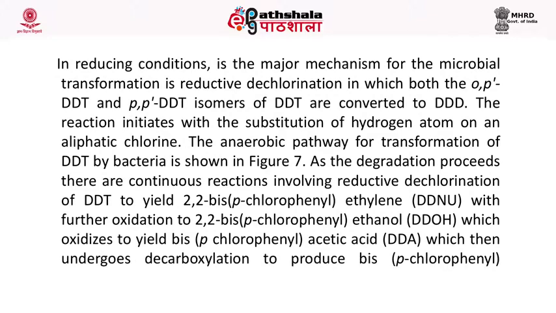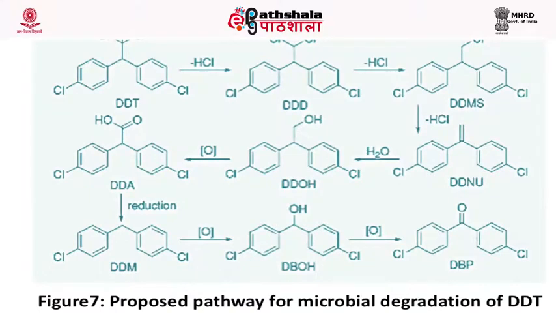As the degradation proceeds, there are continuous reactions involving reductive dechlorination of DDT. The anaerobic pathway for the transformation of DDT by bacteria has been shown in the figure, according to which the particular insecticide persists in the soil from a few weeks to several years.